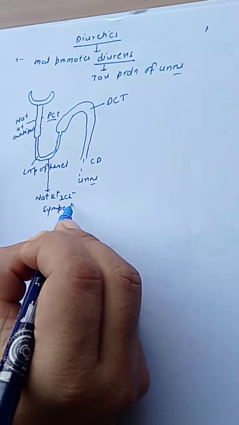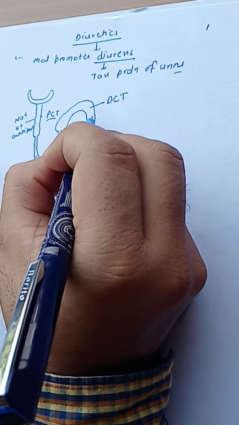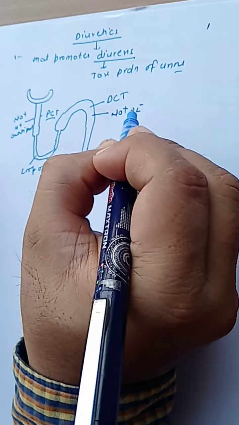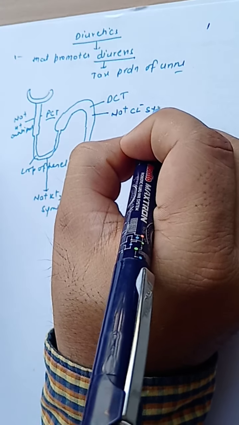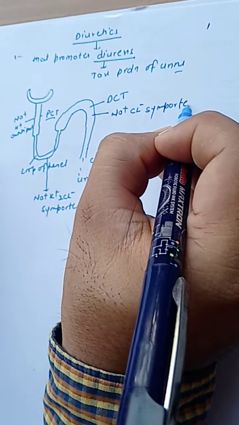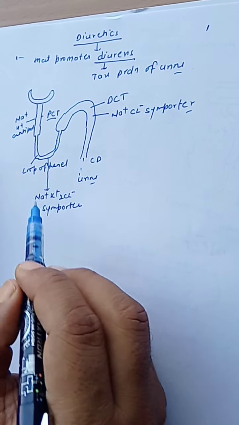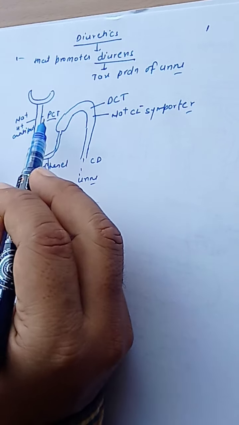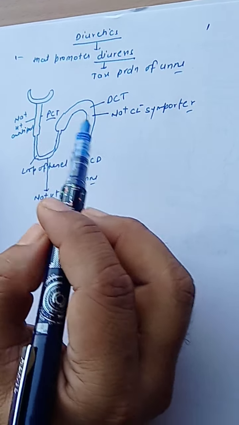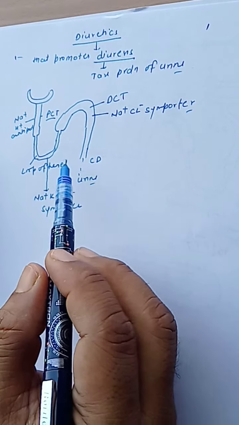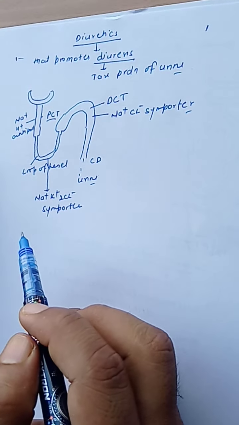And in the distal convoluted tubule there is a sodium and chloride symporter. Okay, so these are the various transporters. Some agents act on the proximal convoluted tubule, some act on the loop of Henle, some act on the DCT.